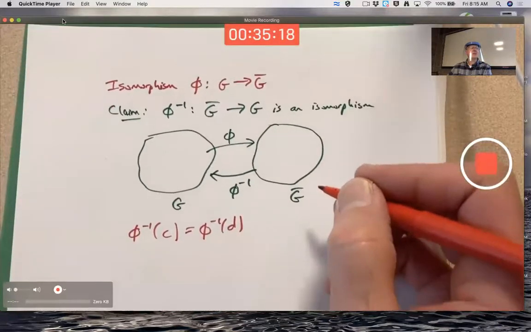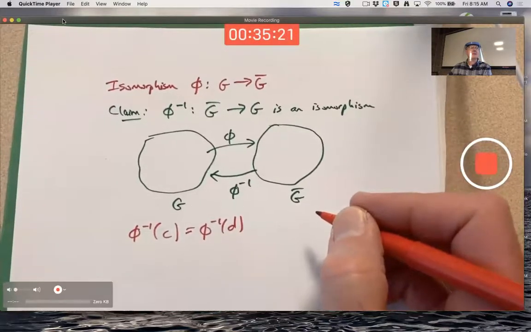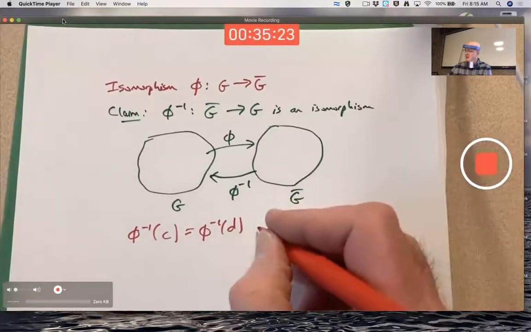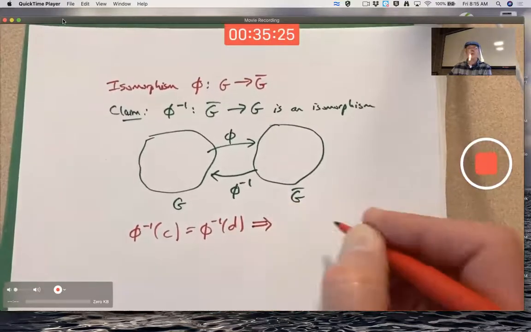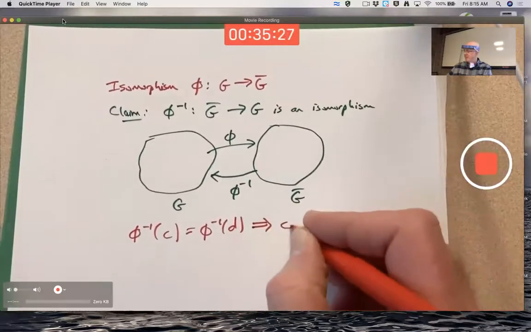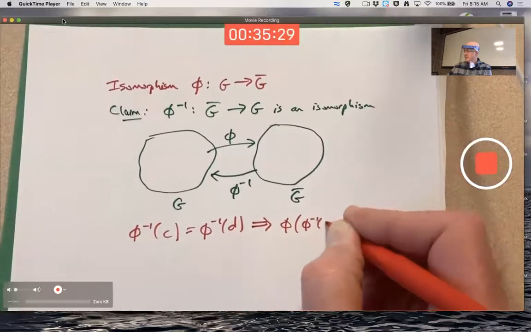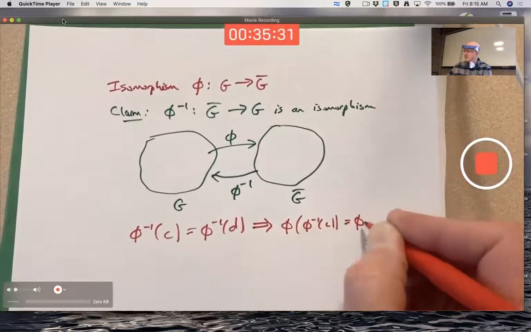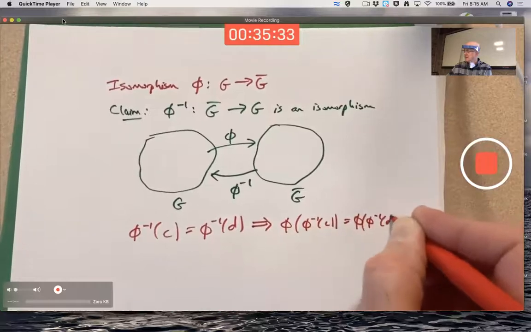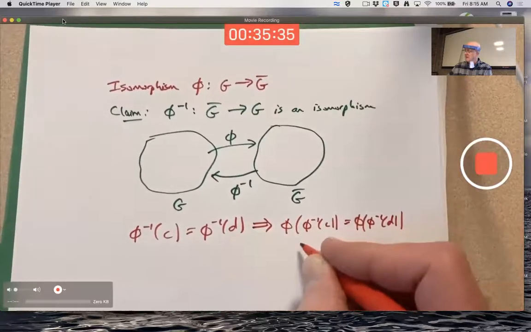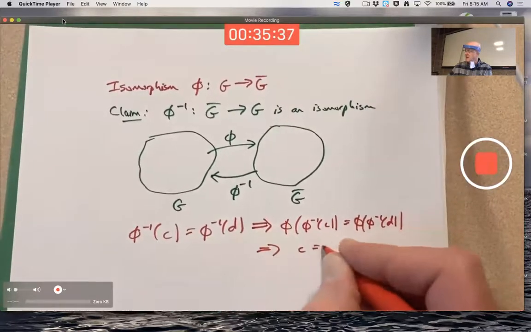Basically it's just apply phi to both sides and then use the fact that they're inverse functions. And this implies C equals D, done.